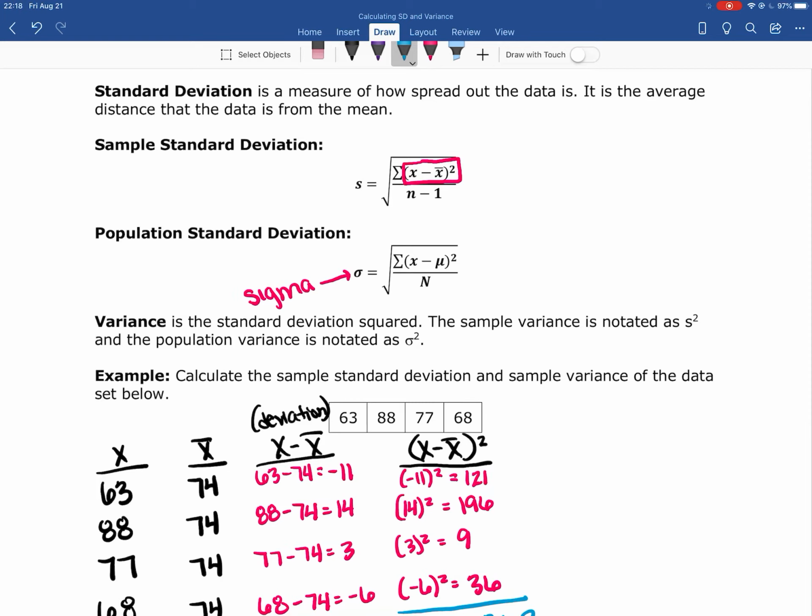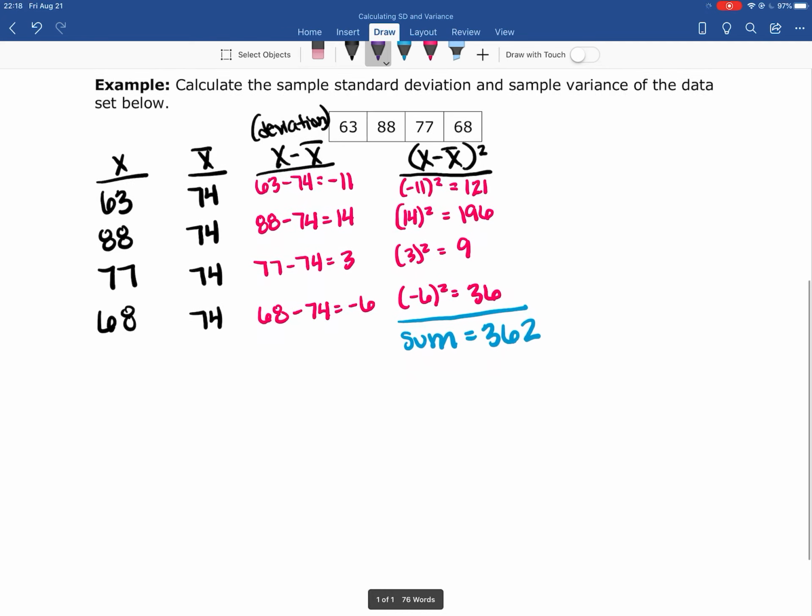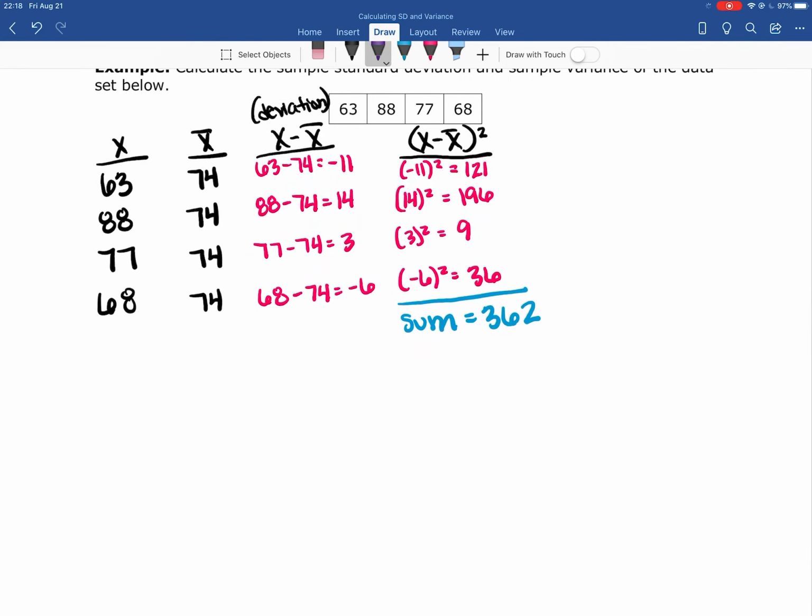Coming back up to the formula, now I've done this piece as well. The next step is to take that sum and divide it by the sample size minus 1. Our sum is 362.